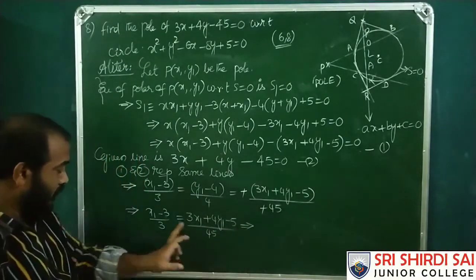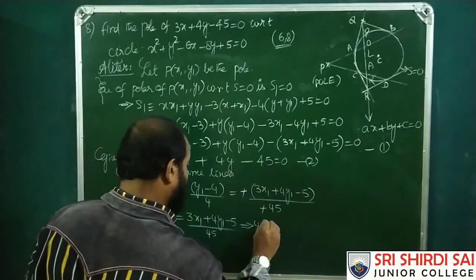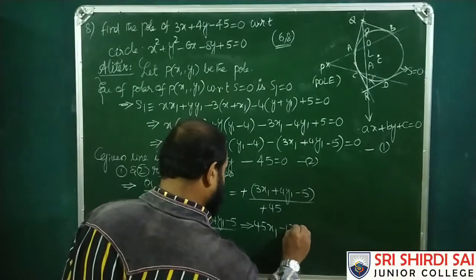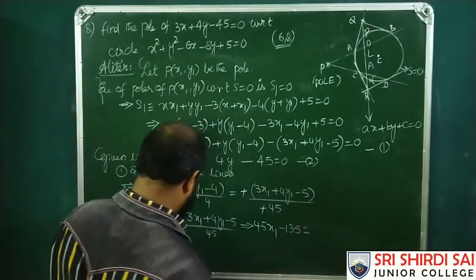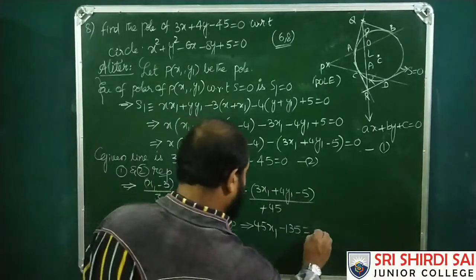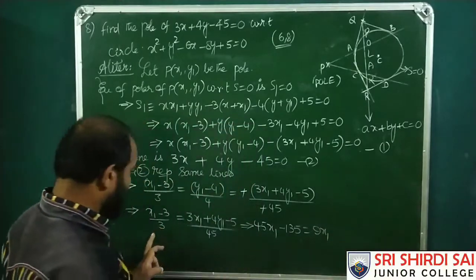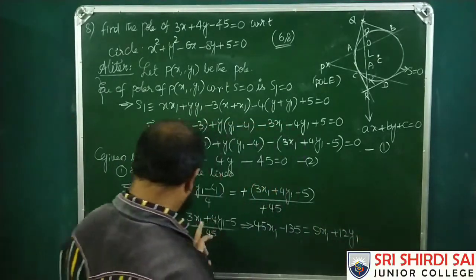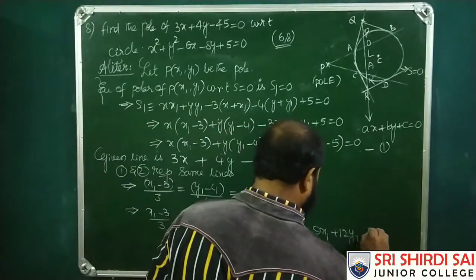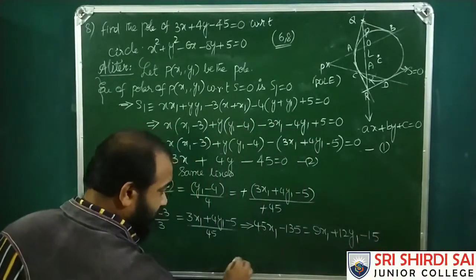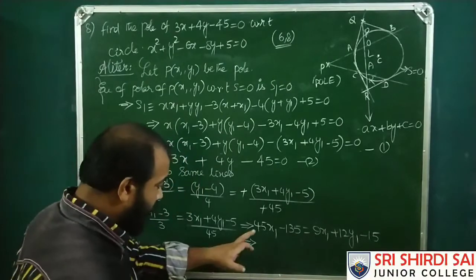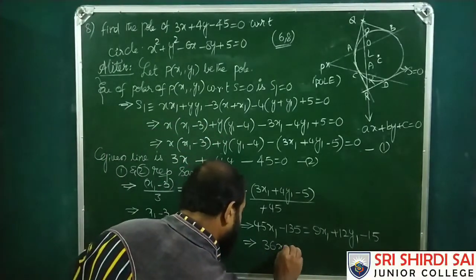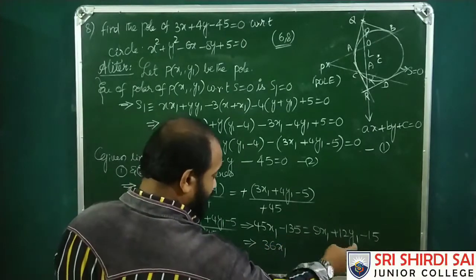So 45 into x1, 45x1, 45 3s are 135. Next 3 3s are 9x1, 3 4s are 12y1. Next 3 5s are 15. So this is equal to 45x1 minus 9x1, 36x1. This is plus 12y1.